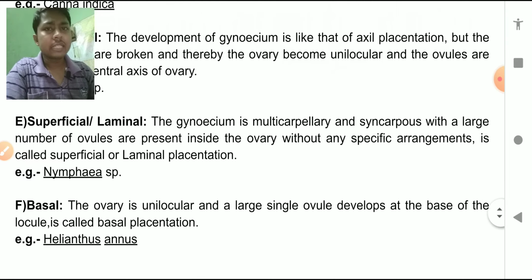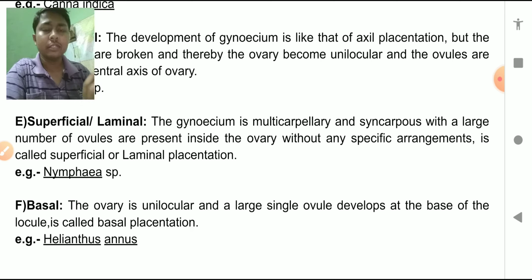Now the next type is superficial or laminal. The gynoecium is multi-chambered and syncarpous, with a large number of ovules present inside the ovary without any specific arrangement.